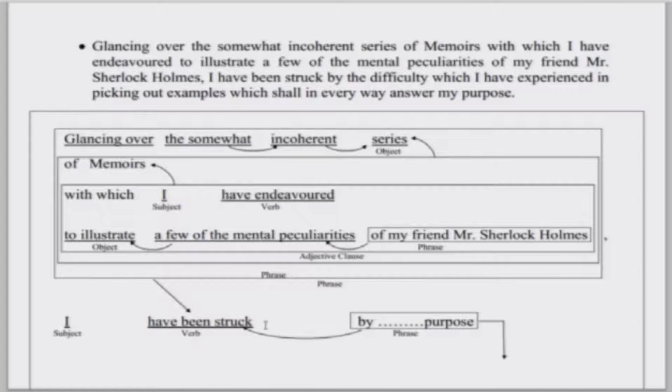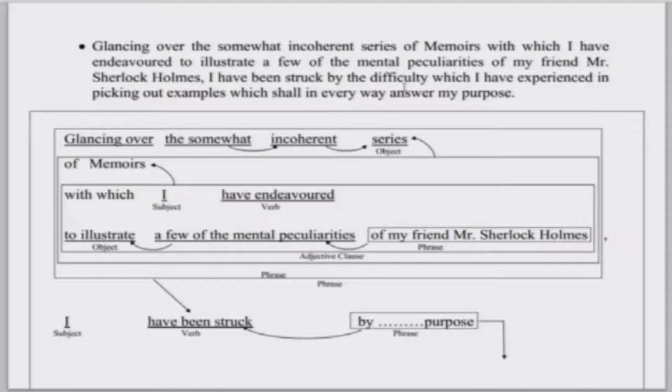More than half the sentence, from here to here, is actually a subsidiary phrase, not even a clause. Glancing over something. This whole thing is a phrase up to this point. I have been struck is the skeletal part of the main clause.